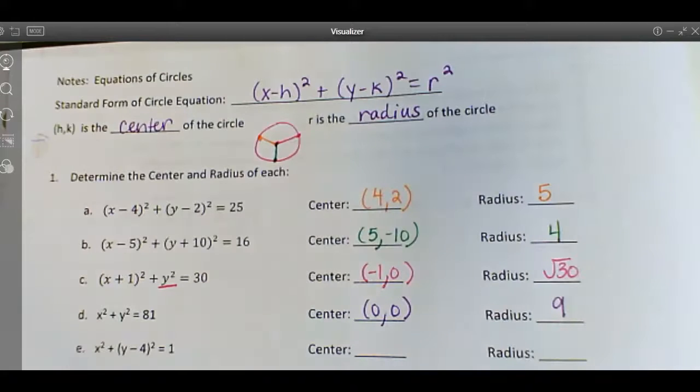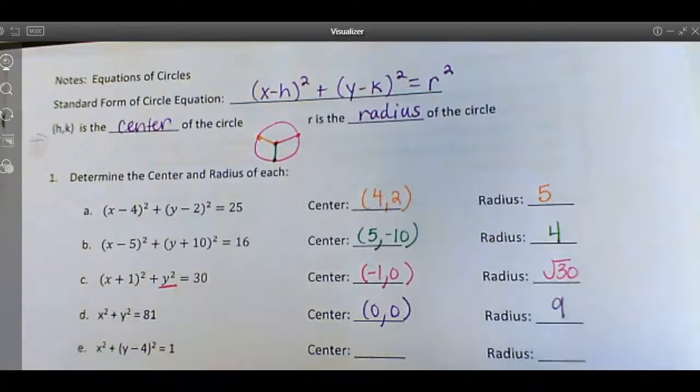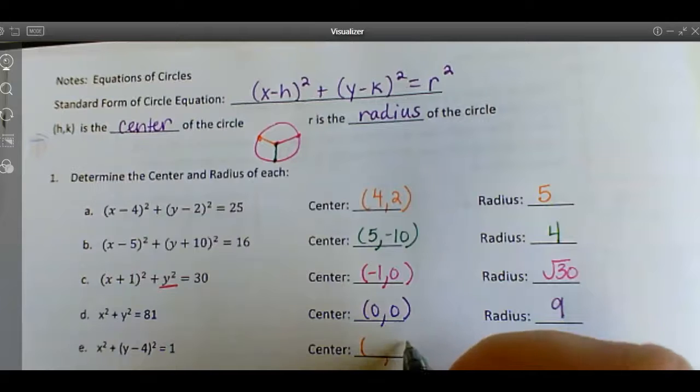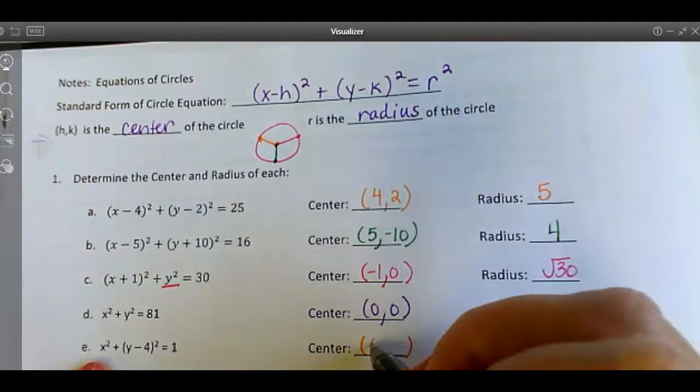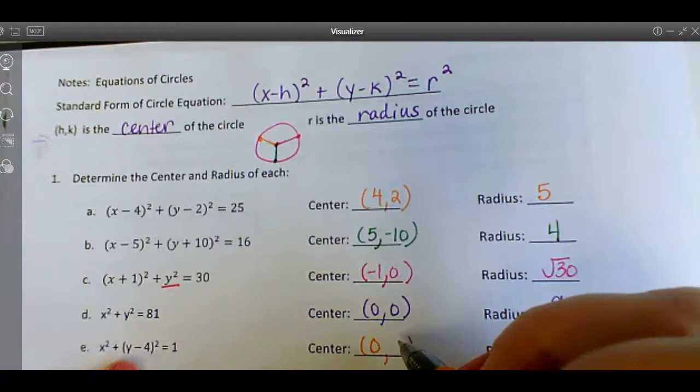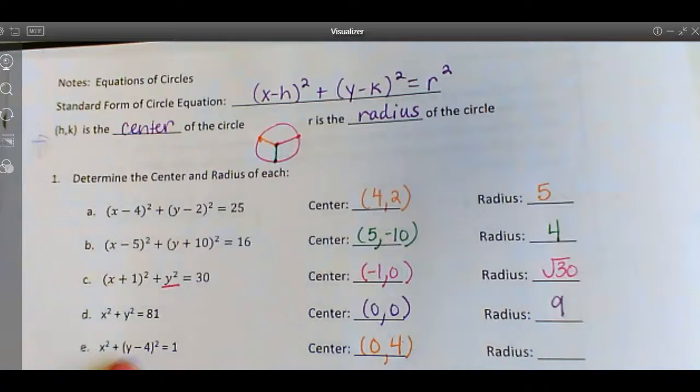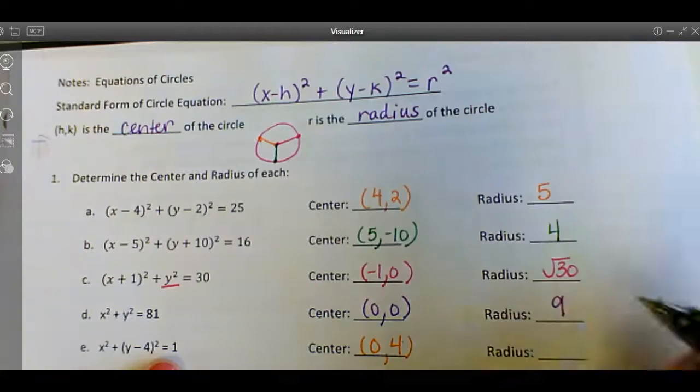Alright, the last one. Try that real quick. So the center would be 0, 4. And the radius would be square root of 1, which is 1.